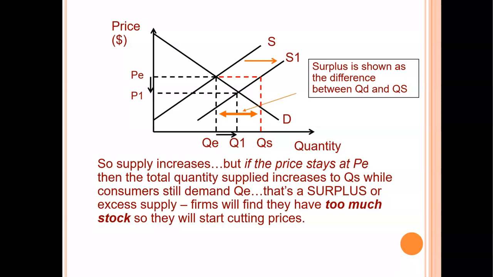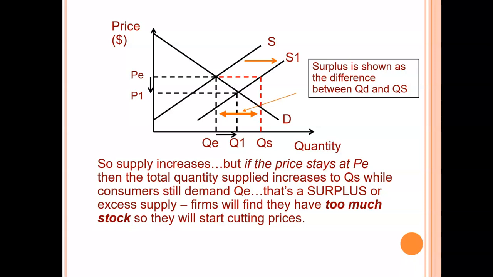It would be really easy just to say that the price will fall and market quantity will increase, but that's not enough. What we need to start off with, and you've got to remember, there might be an increase in supply, but nobody actually knows that has happened. Nobody is out there saying, oh, look, there's an increase in supply, we should drop our prices. Not obviously.